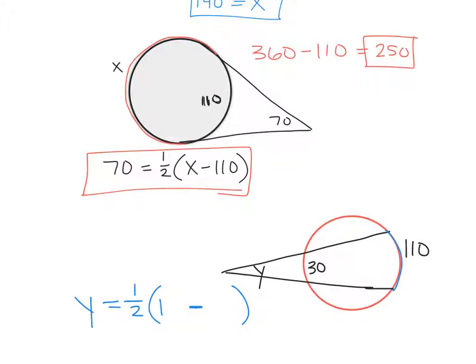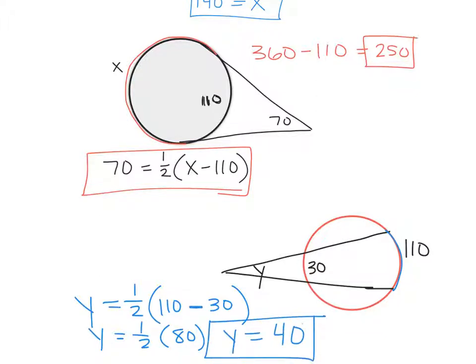So you're going 110 minus 30, so half of 80. So y is 40. Okay. Questions on that?